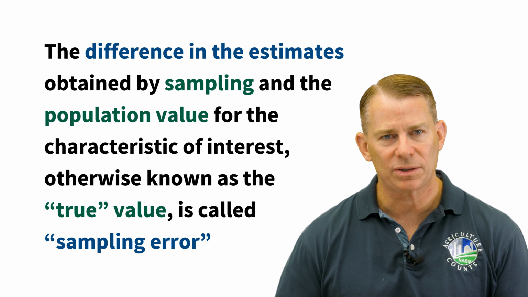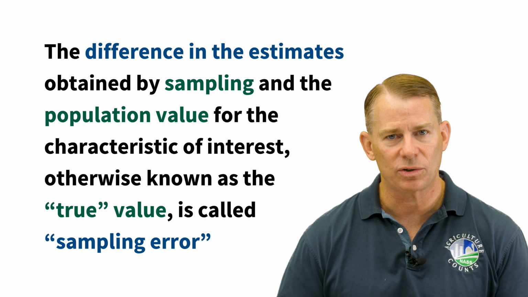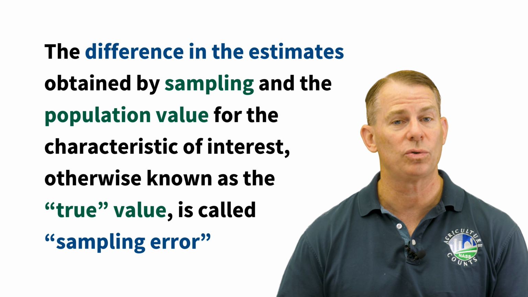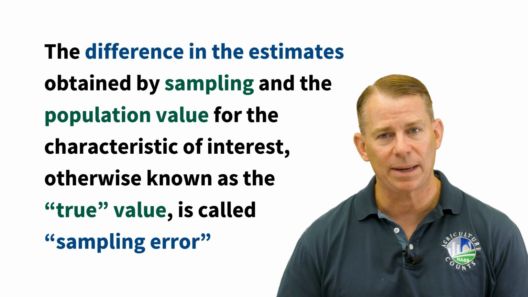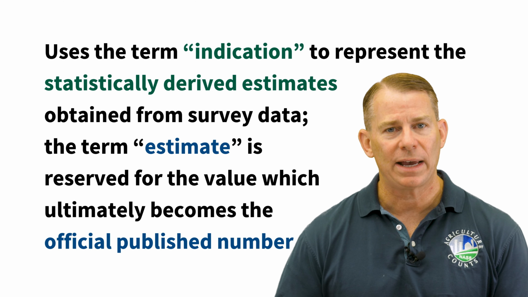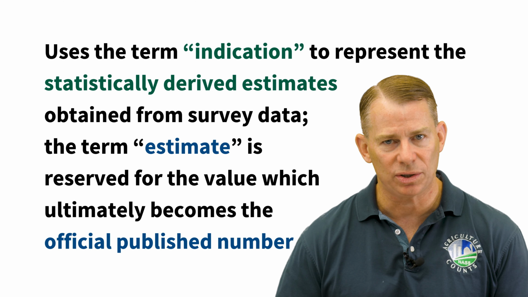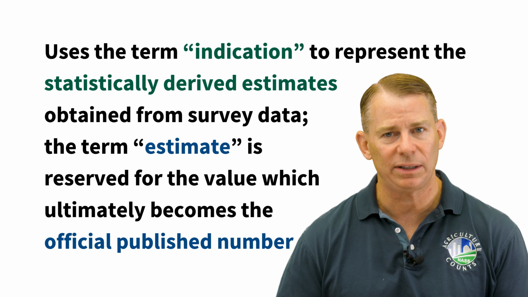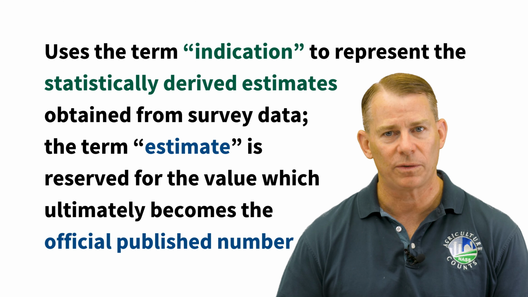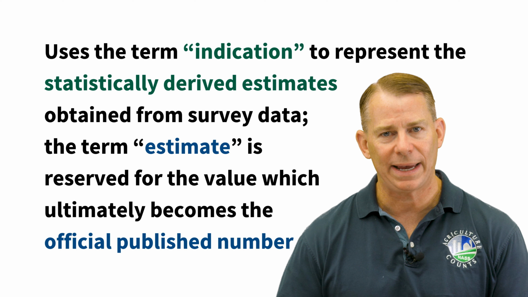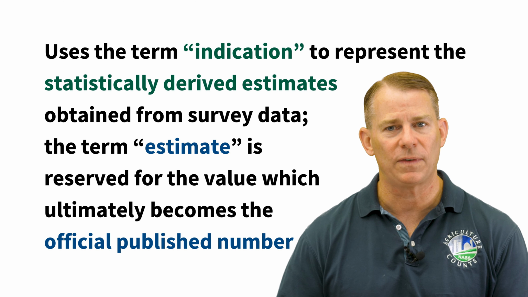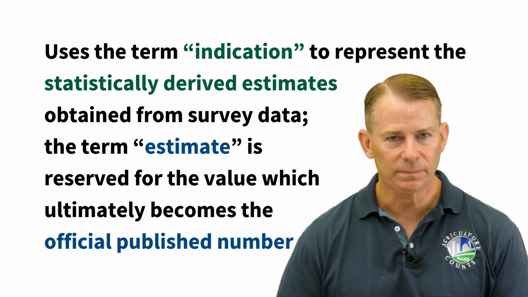The difference in estimates obtained from sampling and the population value of characteristics of interest, otherwise known as the true value, is called sampling error. NASS often uses the term indication to represent the statistically derived estimate obtained from survey data. The term estimate is then reserved for the value which ultimately becomes the official published number.